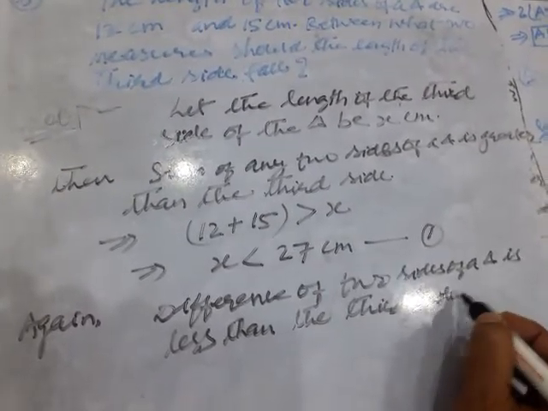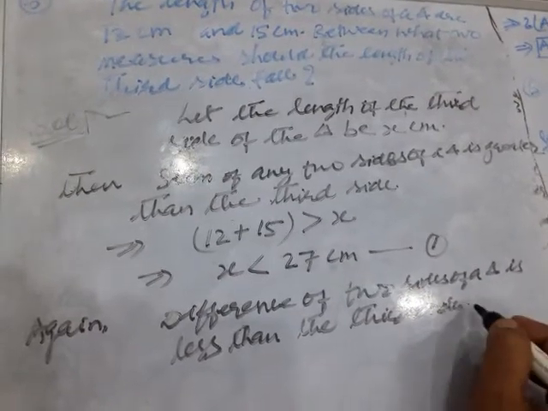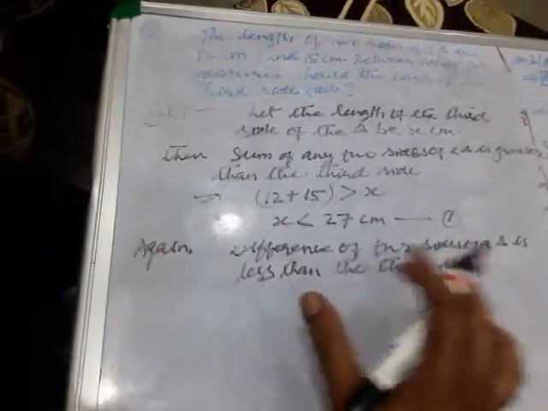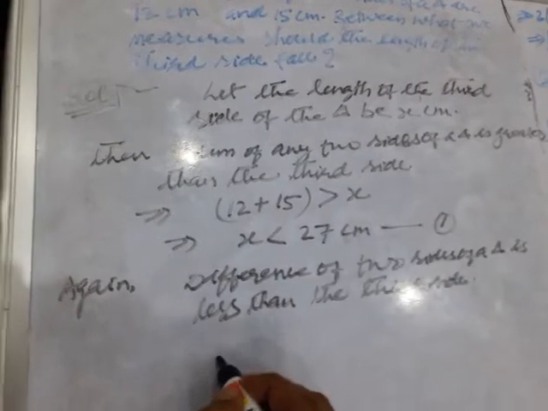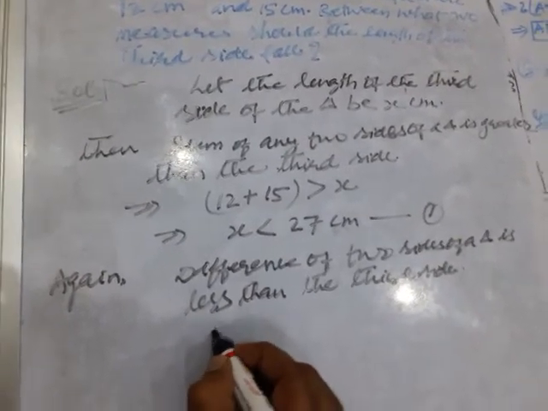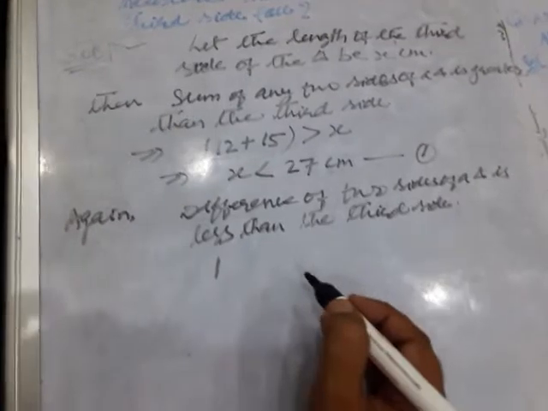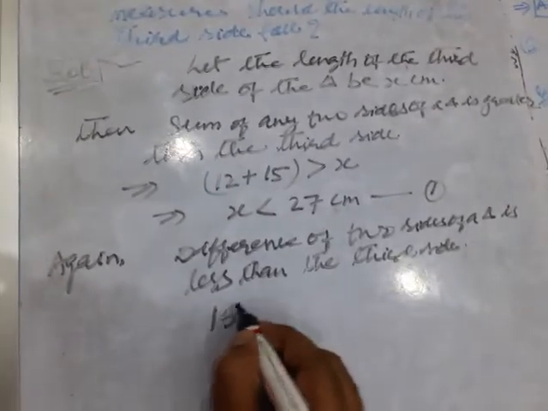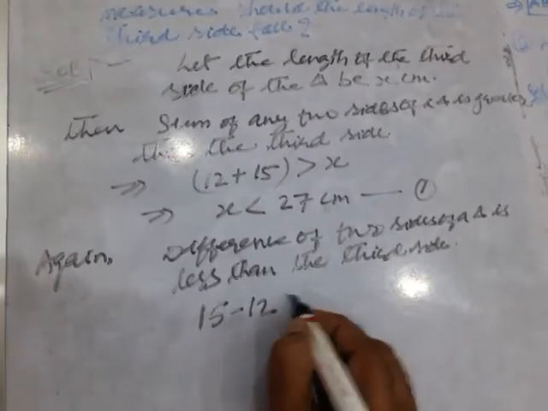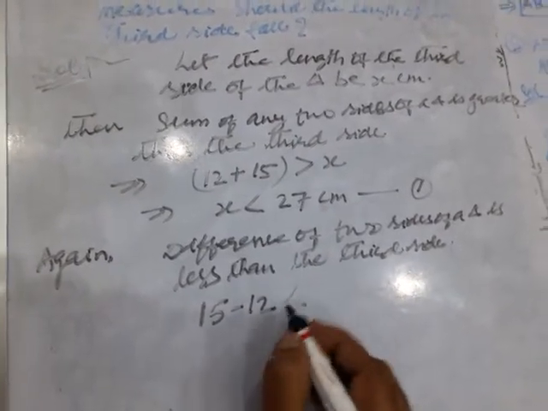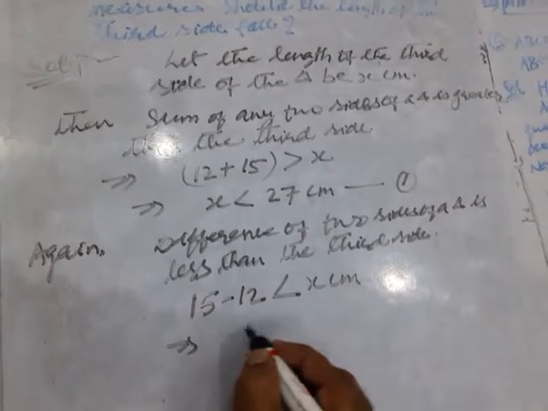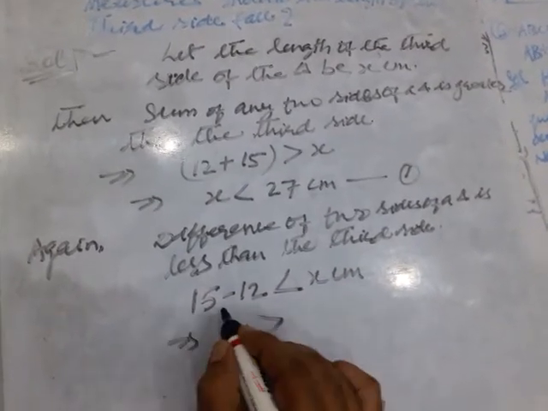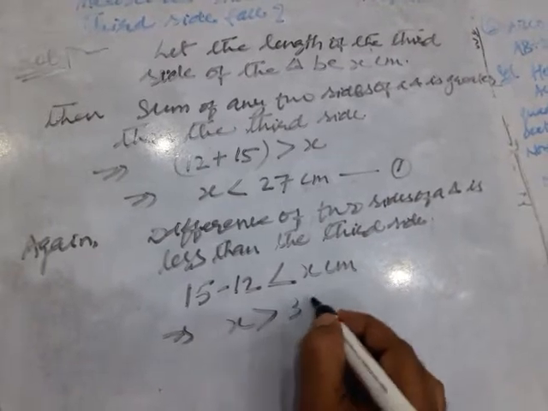Okay, children, this is a very important property. Generally this property is not in focus, but we have to remember these things properly as and when required. You take the difference so that the length of the side is not negative, that is 15 minus 12 is less than x centimeter. This implies that x is greater than 15 minus 12, that is 3 centimeter.